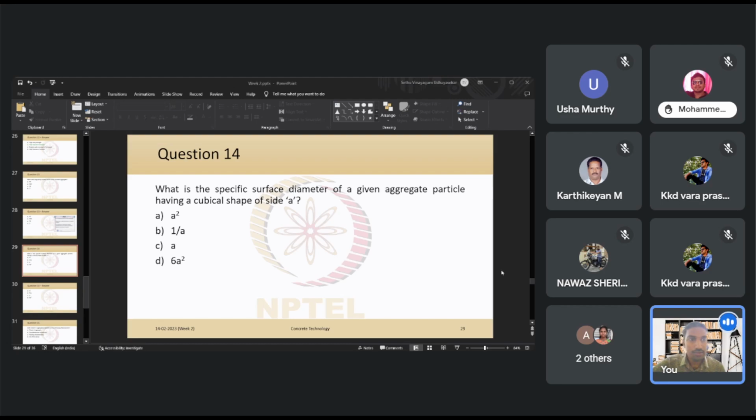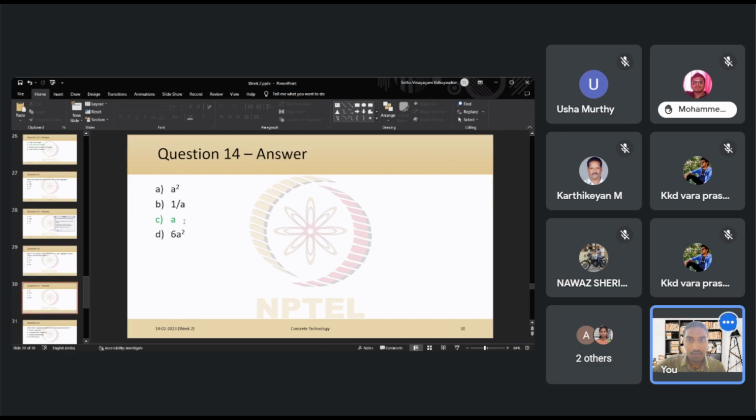Okay, any other answers? Okay, so let's take a look at the correct option now. So the right option is actually option C, a. It's not 6a squared, it's a. But how do we get it?